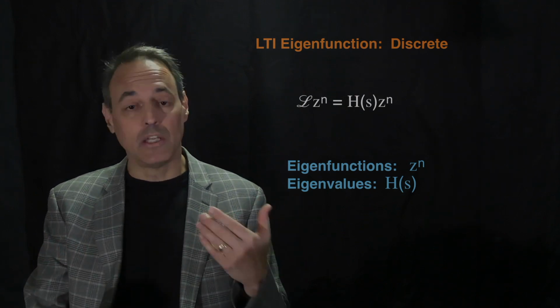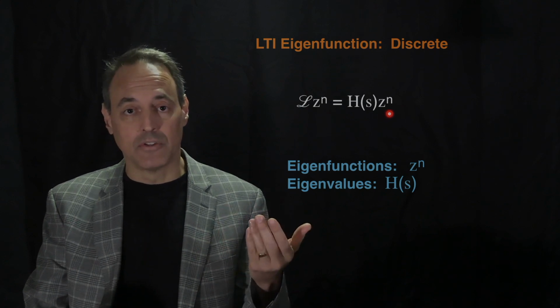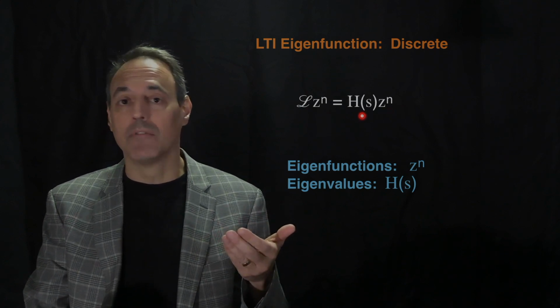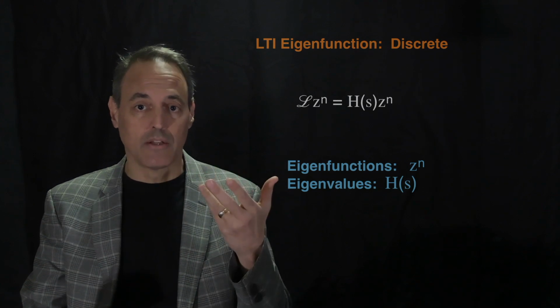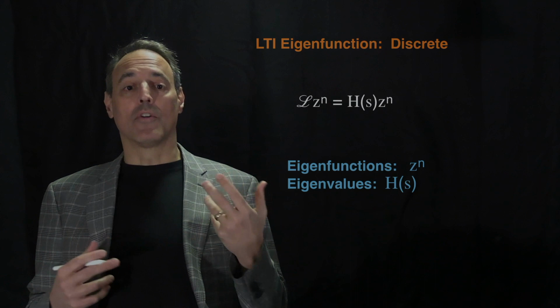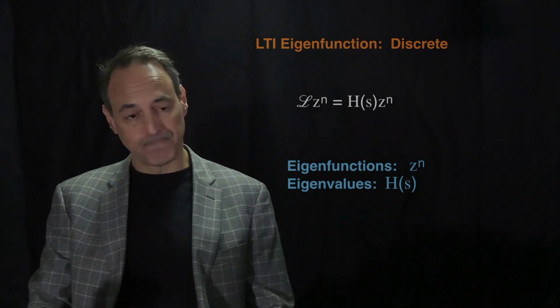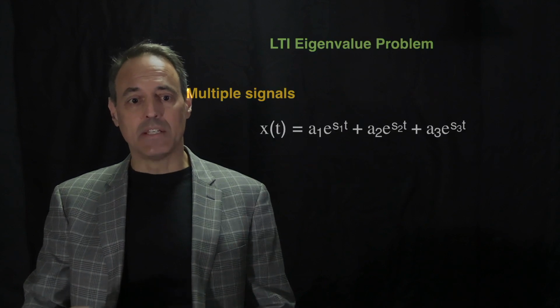If I know that each single one of these signals is an eigenfunction of the system, then all I have to do is compute the eigenvalue, and then I can tell you exactly the response of the system because I've got the right coordinate system, which are these exponentials, the eigenfunctions of this LTI system. So that's the main idea.